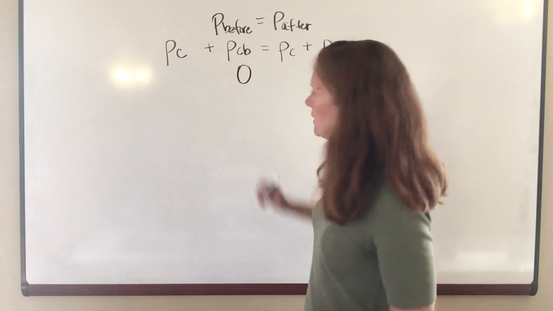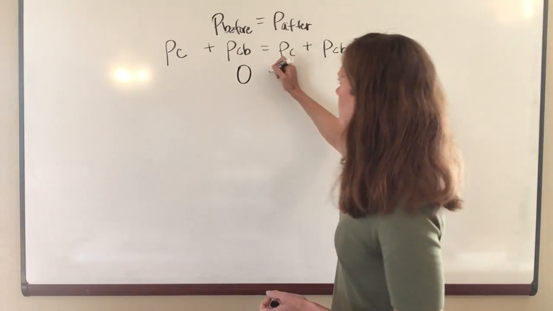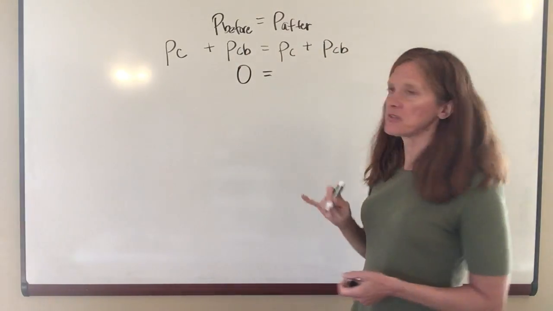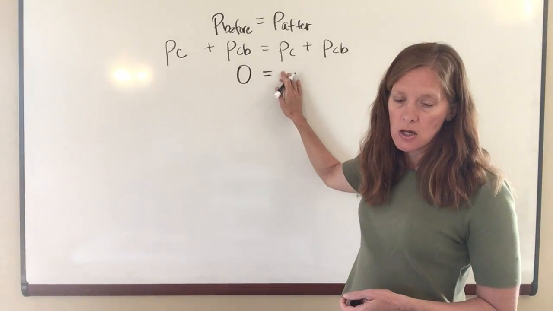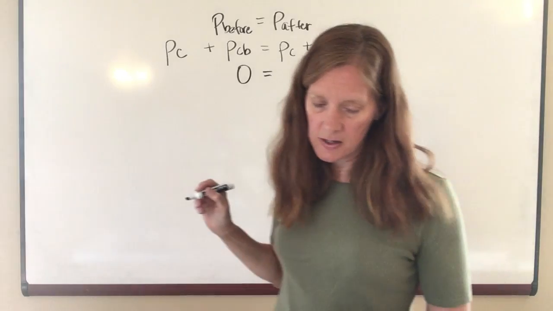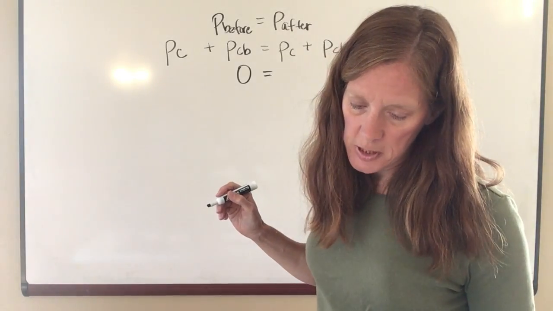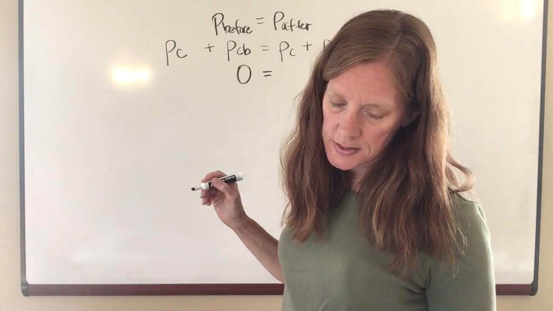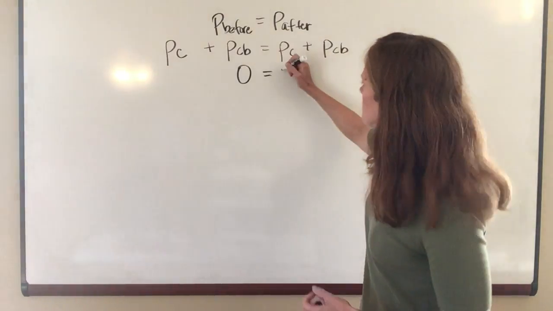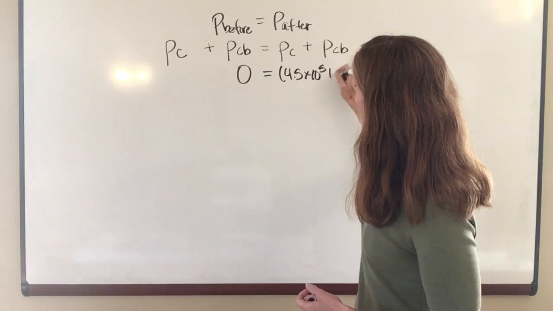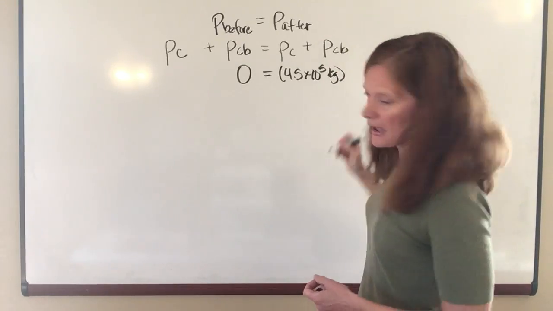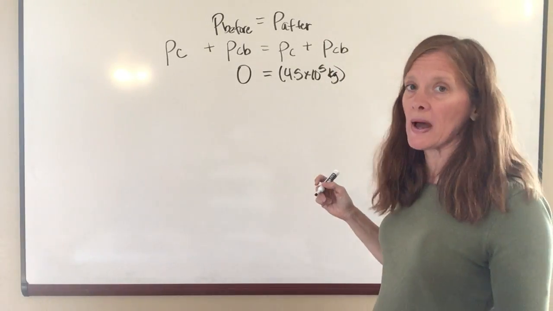So this side is going to be 0. The momentum of the cannon is its mass times its velocity. The mass of the cannon, they told me, was 4.5 times 10 to the 5th kilograms, and the question is, what happens to that?